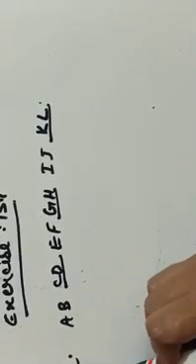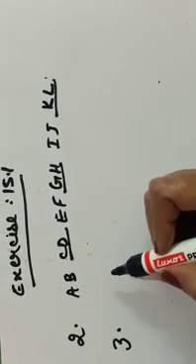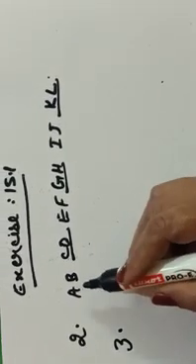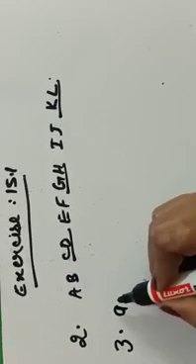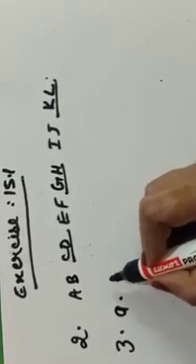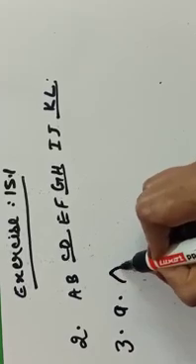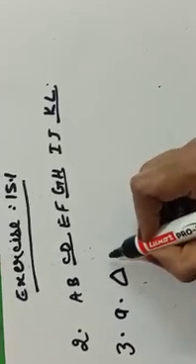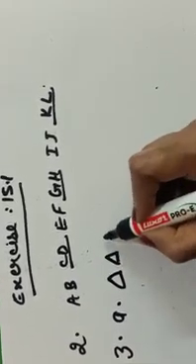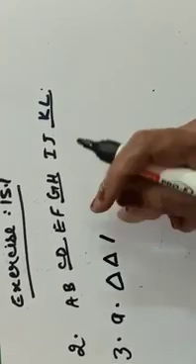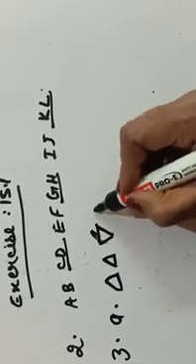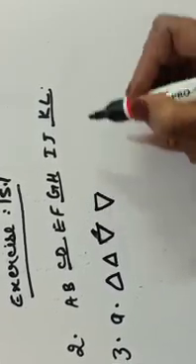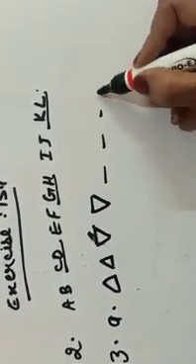Question number 3, look carefully. In this question, the pattern is given in shapes. So I am taking question A. It is very easy for you, I know. So it is a triangle, then again a triangle, then again one triangle in the opposite direction, and you have to complete this pattern.